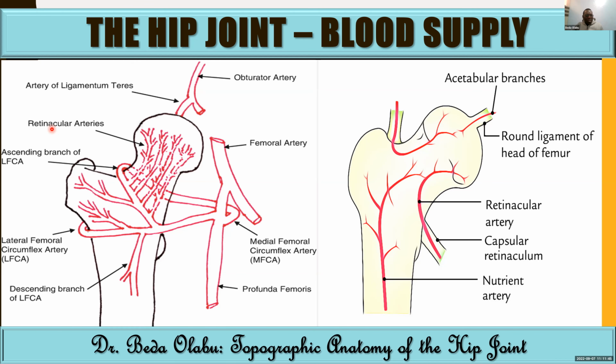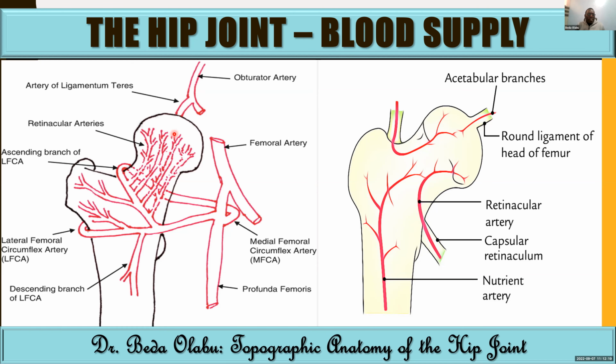So they're internal reflections of the capsule of the joint towards the head of femur. Those retinacular fibers carry with them some arteries, which we call retinacular arteries. These retinacular arteries arise from the anastomosis and contribute significantly to the blood supply of the head of femur.